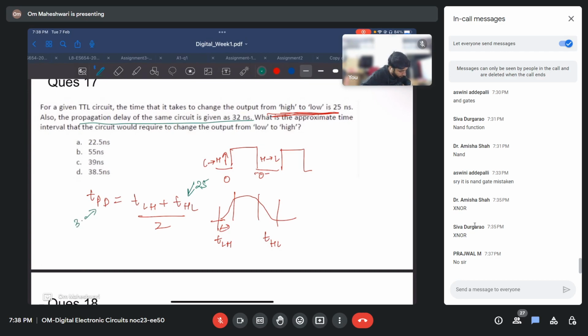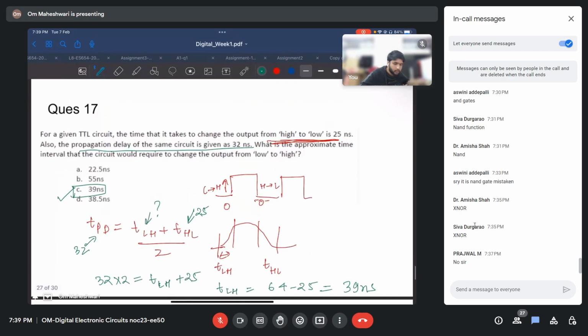We have to find TLH. So 32 into 2 equals TLH plus 25. TLH is 64 minus 25, that is 39, right? So this was simple.